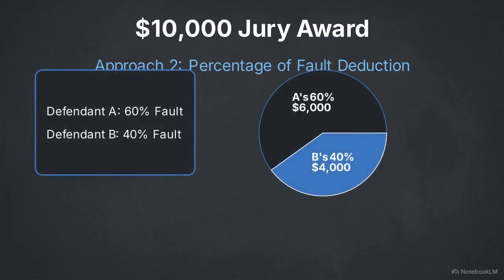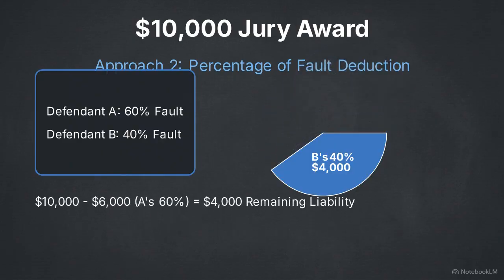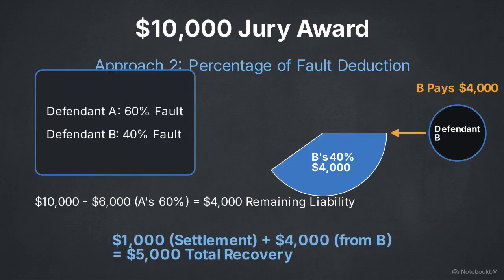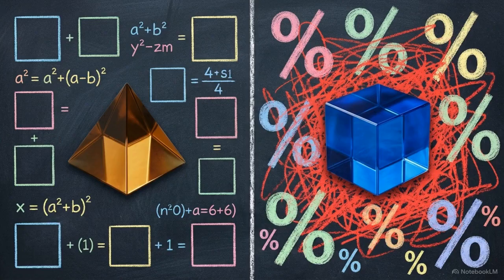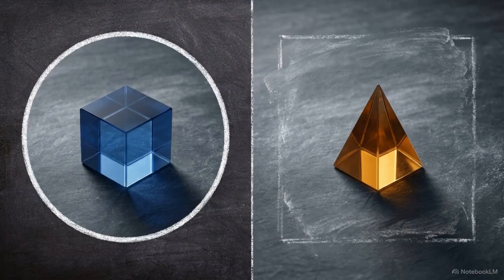The $1,000 settlement is subtracted from the $10,000 total, leaving a $9,000 balance. This forces Defendant B to pay the remaining $9,000. Effectively, B pays $90,000. Approach 1 protects the plaintiff's recovery but shifts the risk of a bad settlement entirely onto the non-settling defendants. Approach 2 protects those non-settling defendants but shifts the financial risk of a low settlement directly onto the plaintiff.